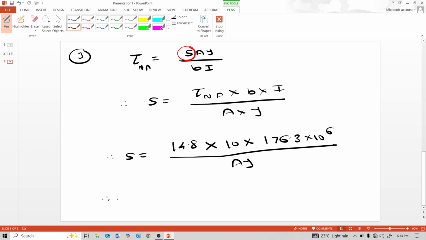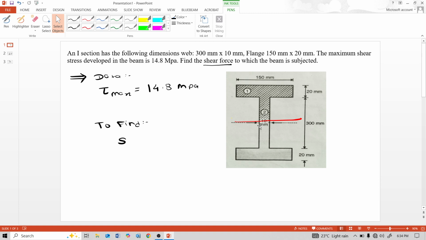So for finding this AY, above this neutral axis, first consider this rectangle area.